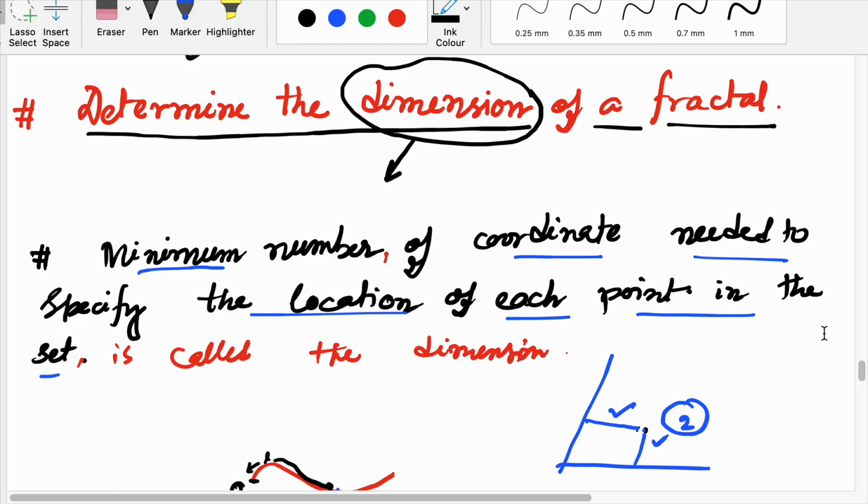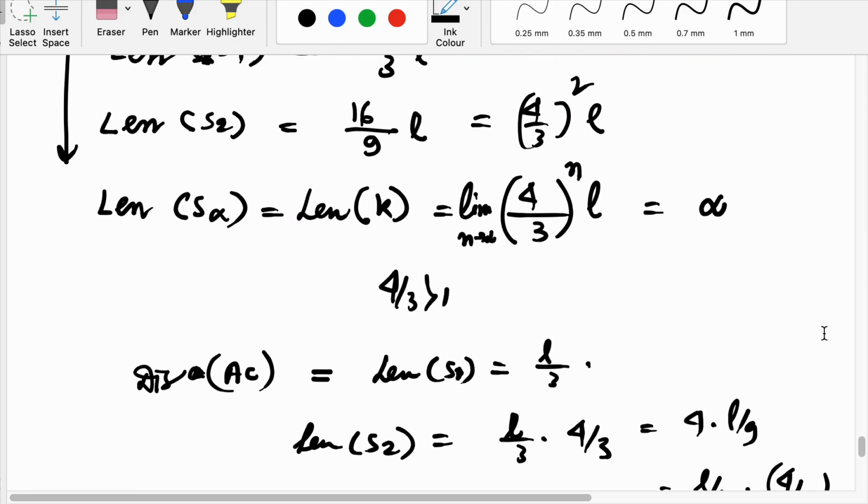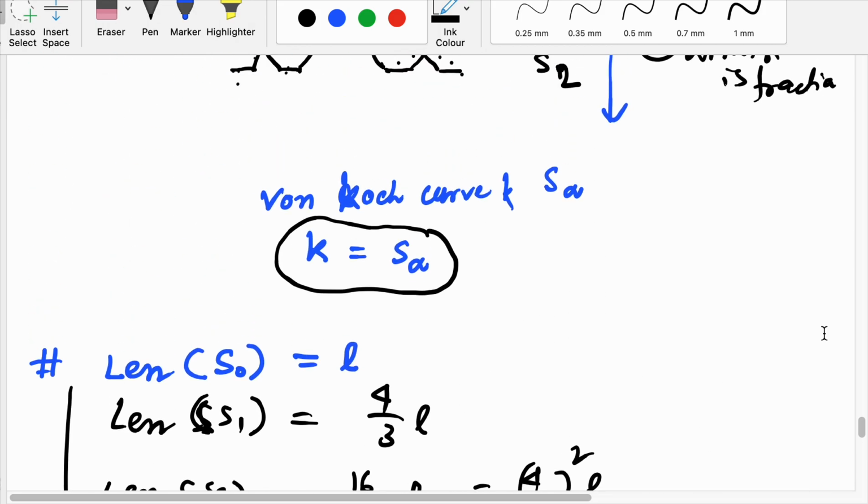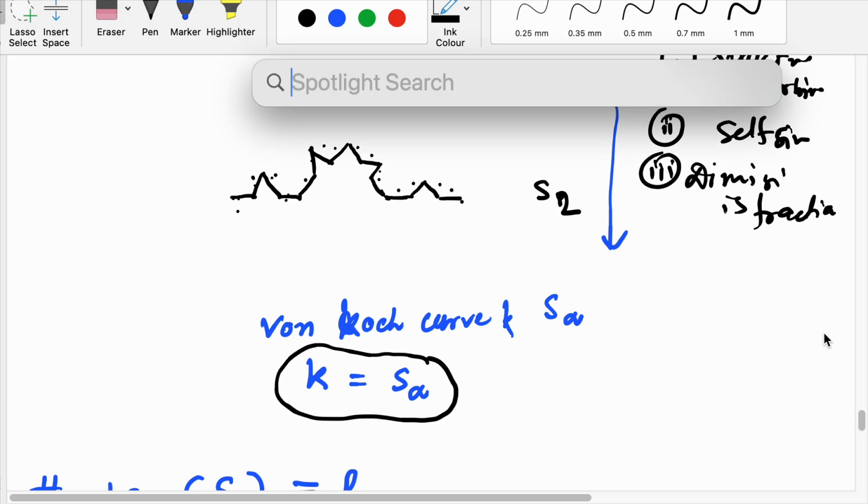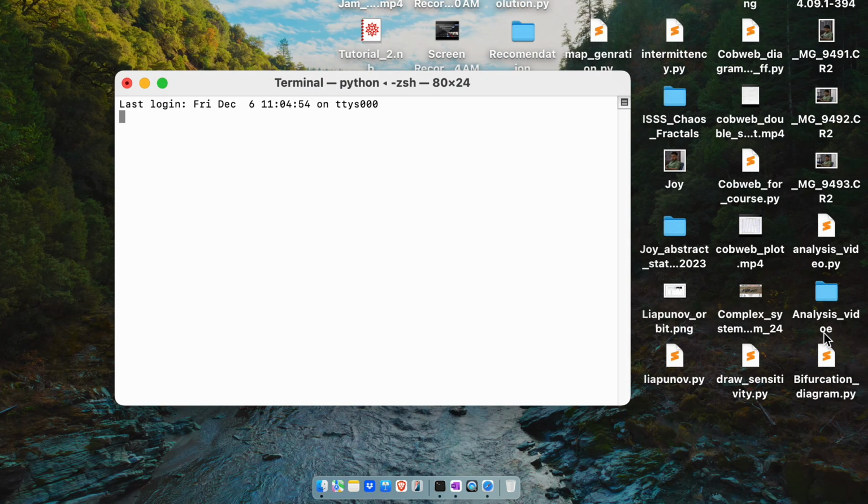But we created it in such a way that it becomes a fractal, and when it becomes a fractal, every point in this von Koch curve becomes infinitely far apart from each other. And it is also obviously true that it is not actually a two-dimensional object. Because if it was two-dimensional, it should contain some area, but you can see that it doesn't contain any area. So let me show you some computer graphics.